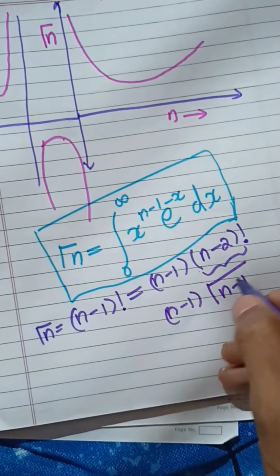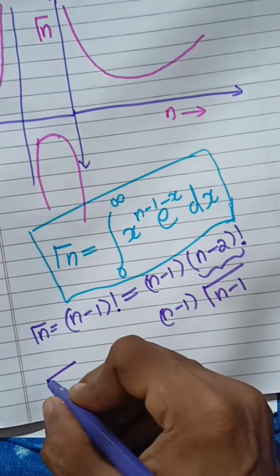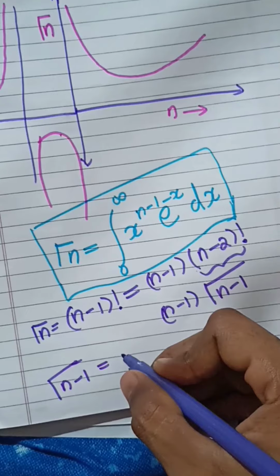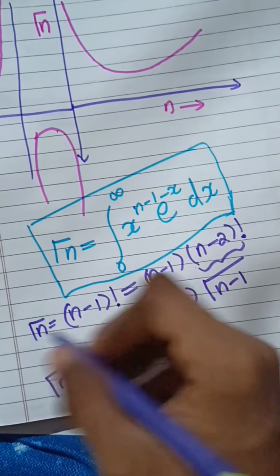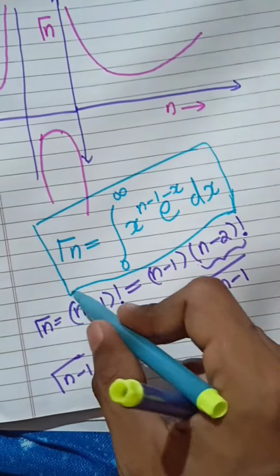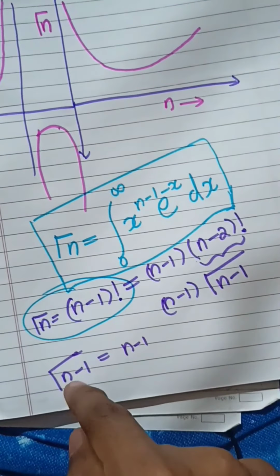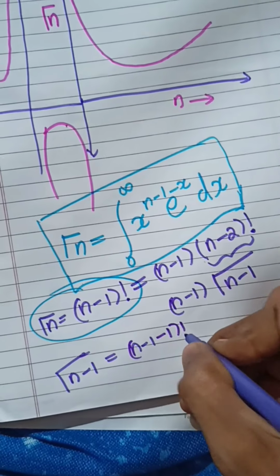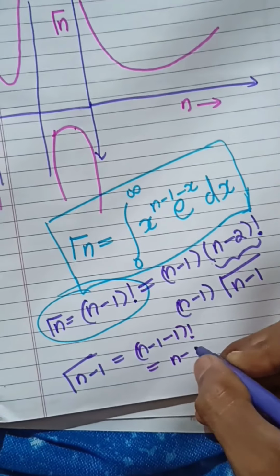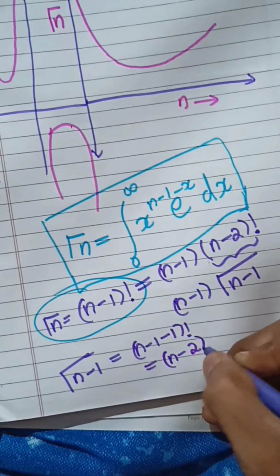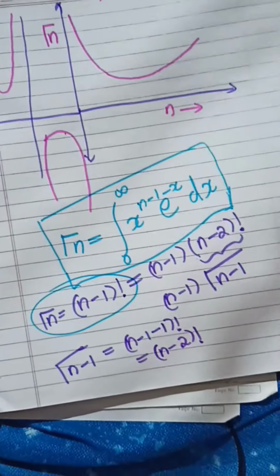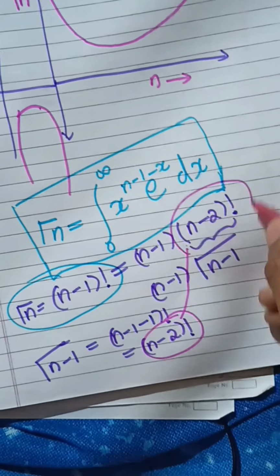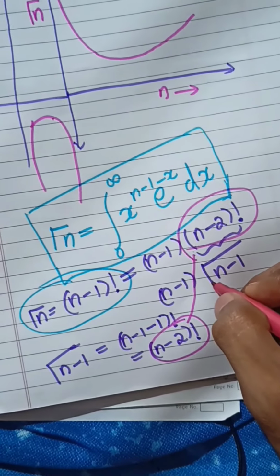Why? Because using this formula, Γ(n minus 1) is equal to (n minus 1 minus 1) factorial, that is (n minus 2) factorial. So we just change it to Γ(n minus 1).